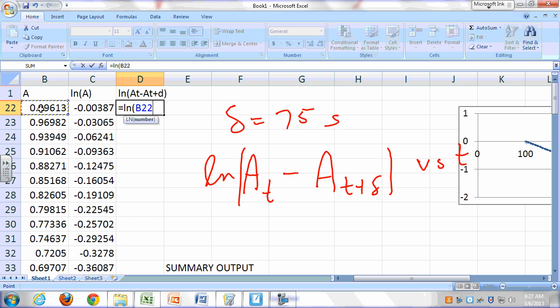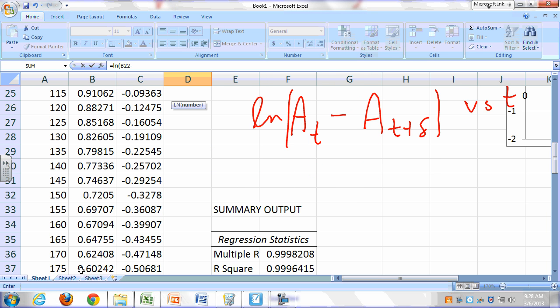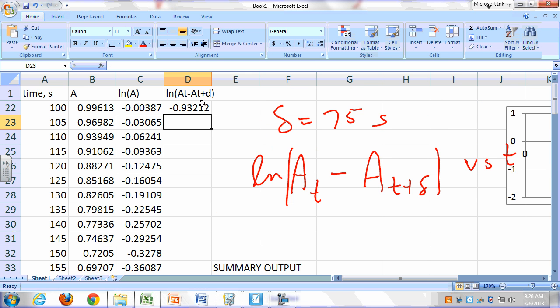That's absorbance at 100 seconds minus absorbance at 175 seconds, which is this one, right? At 175 seconds. So that is my natural log of A at time t minus A at time t plus delta.